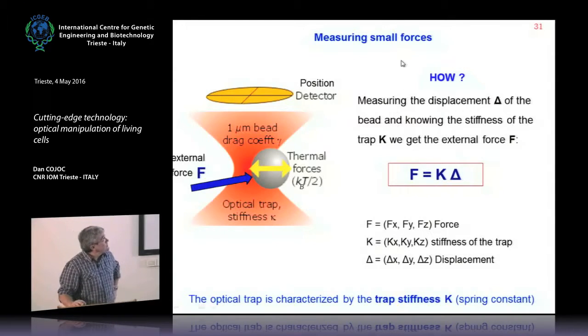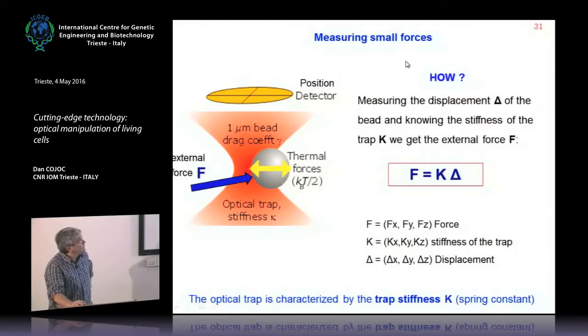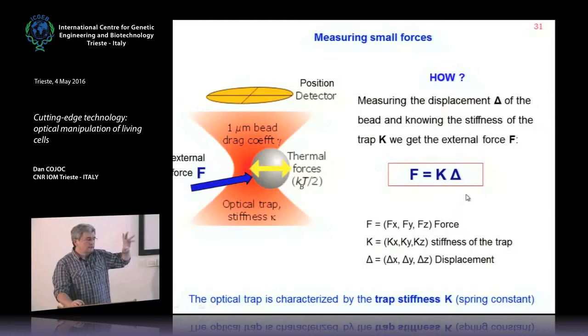With optical tweezers, we can apply and measure small forces. The idea is that the optical trap can be characterized by a trap stiffness. We can compare it with a cantilever of an AFM. I do not have time to go into detail on how we measure the spring constant, the trap stiffness, in a step called calibration.